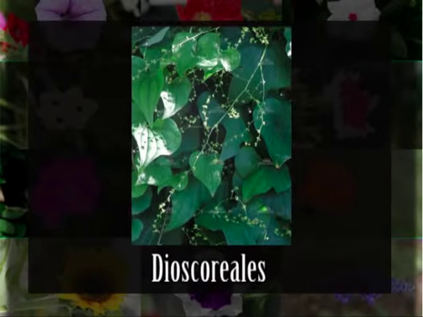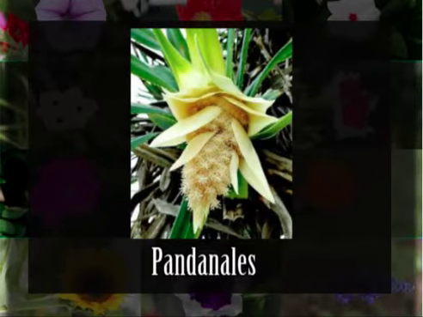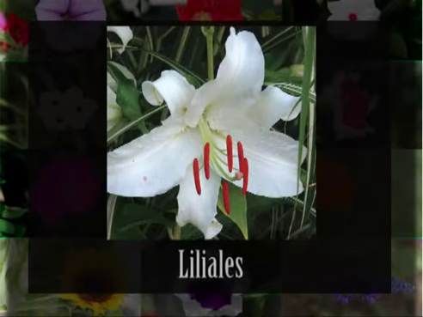Then this order is followed by one more order called Dioscoreales. A common family in this order Dioscoreales is Dioscoreaceae. We all know about Dioscorea, which is a common famous medicinal plant. Then this is followed by an order by the name of Pandanales. Then one more order here is Liliales. This is the common lily order, wherein we have many families, say Colchicaceae, Smilacaceae, Liliaceae, or many different families which used to be considered under the order Liliales.